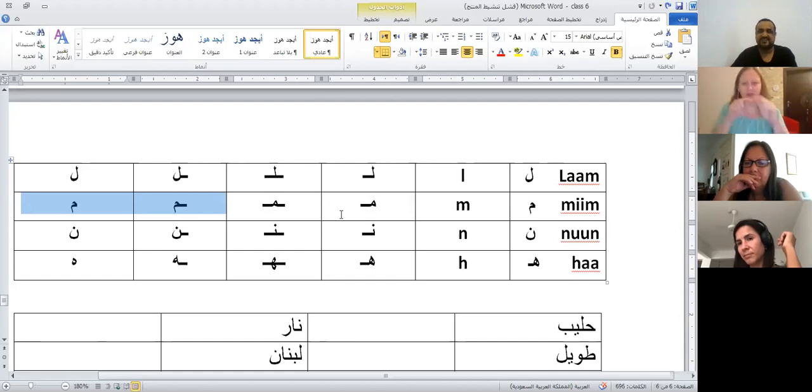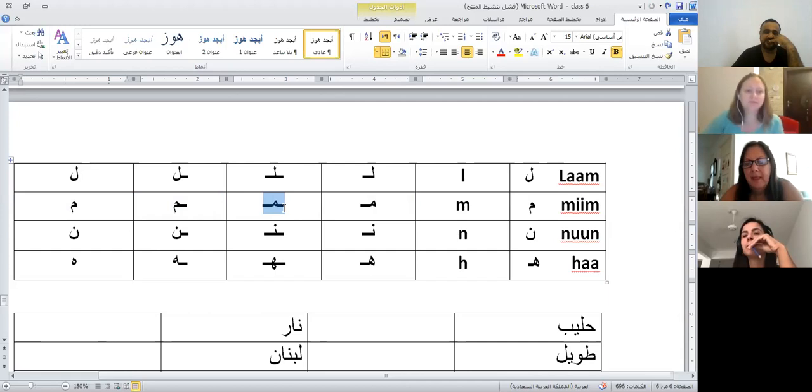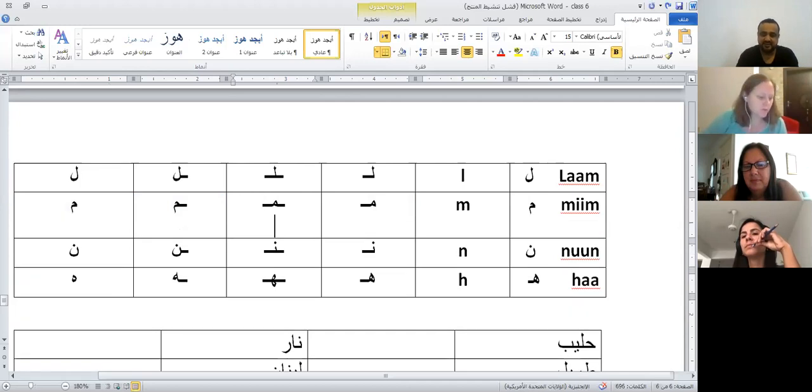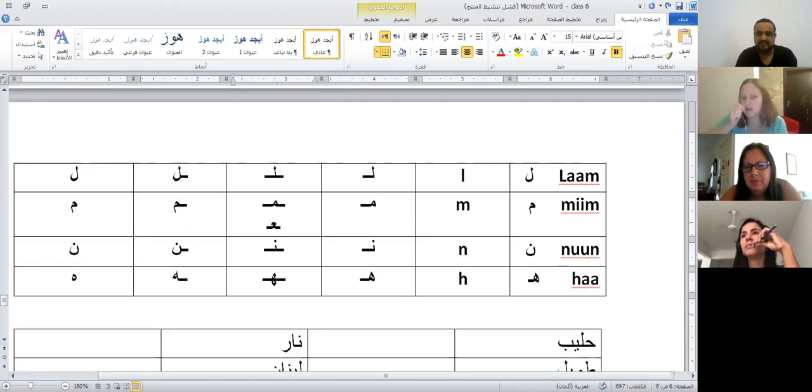I was talking about the little circle in the middle, like this one. But ain is above the line. Meem is within the line. If we write ain here and compare, ain is kind of above the line, but meem is within the line itself.